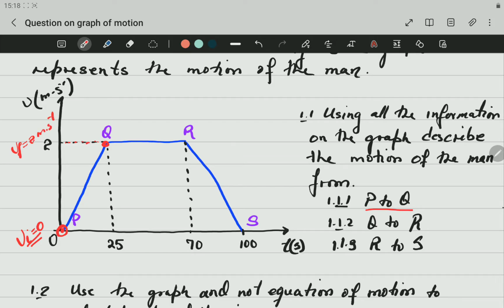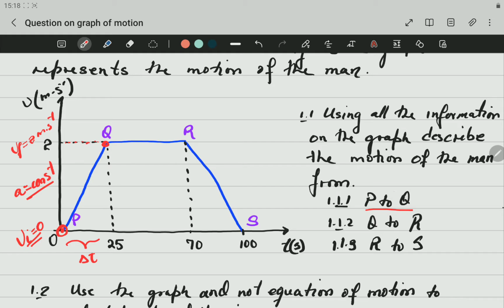So the man was increasing the velocity from 0 to 2 meters per second.